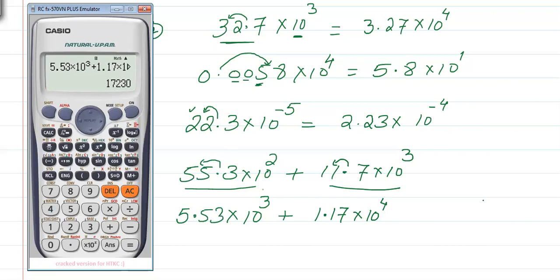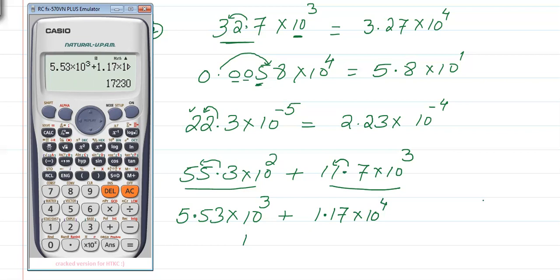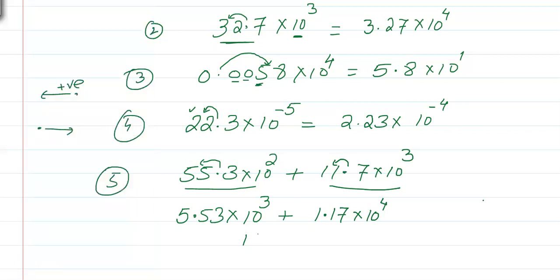Now your calculator is giving this answer: 17,230. Now write it in the standard form. How can I write it in the standard form? It's a whole number, so the decimal will be on the extreme right side.